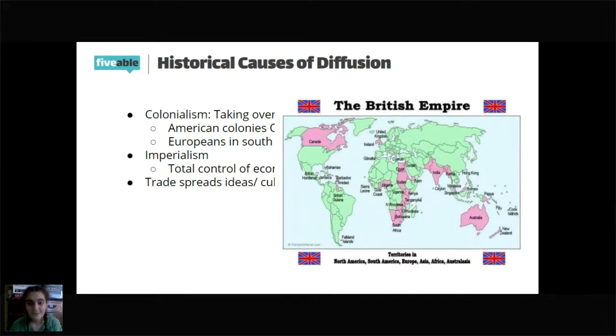But diffusion of technological ideas and advances is a great example of advantage, because it causes the progression of a society and a country. Just think: is this historical event causing a culture to progress or to go back?